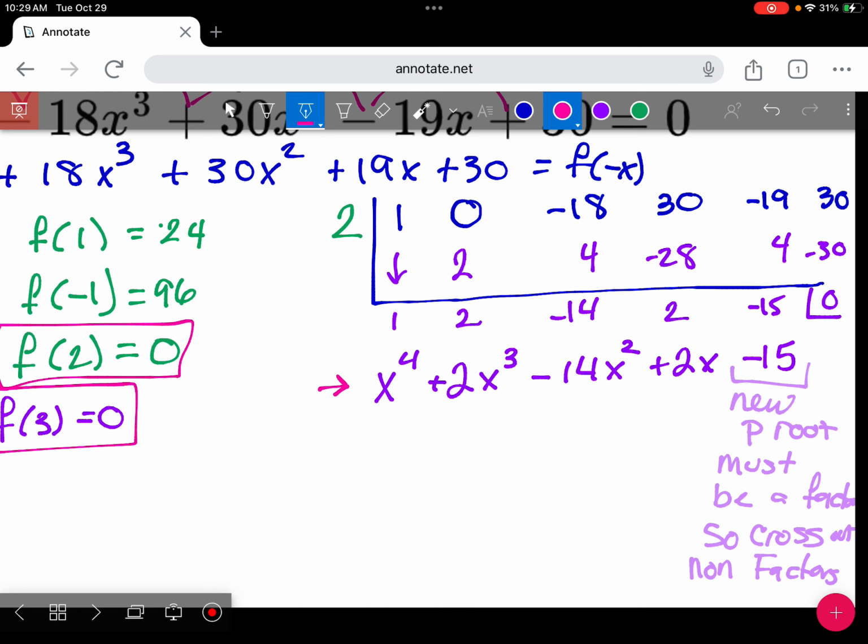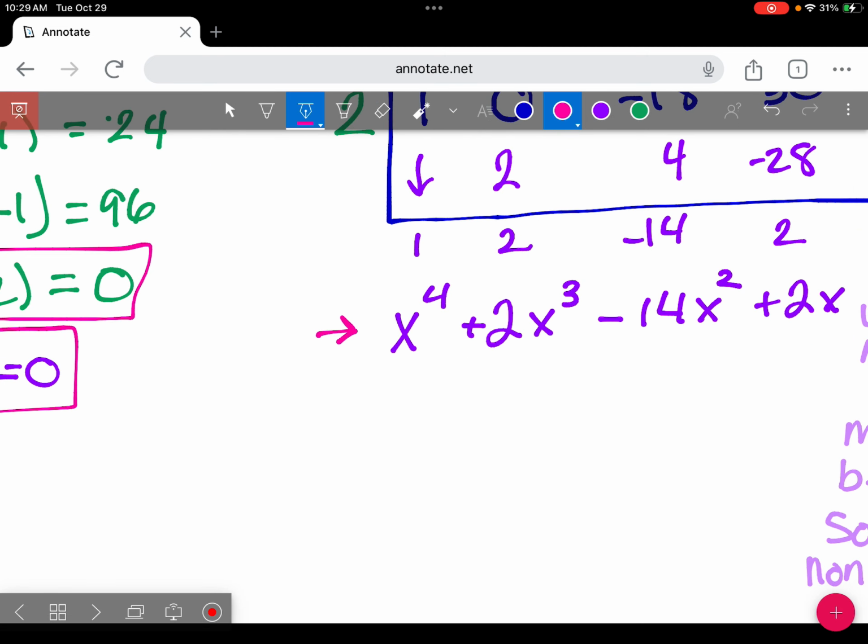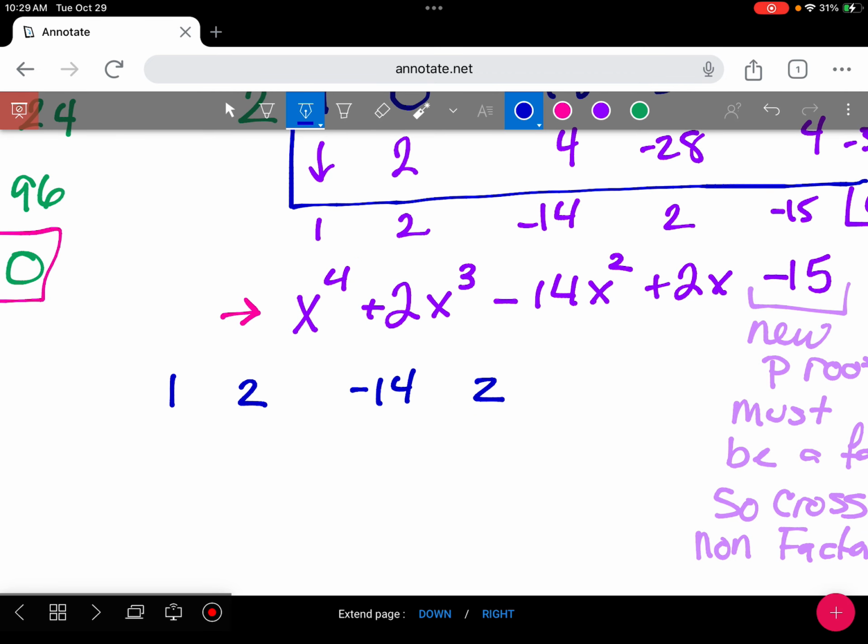So now we can divide that 3 out of our 4th function, our quartic. I'm going to take all my coefficients from that, my 1, 2, minus 14, 2, minus 50. These can be long.